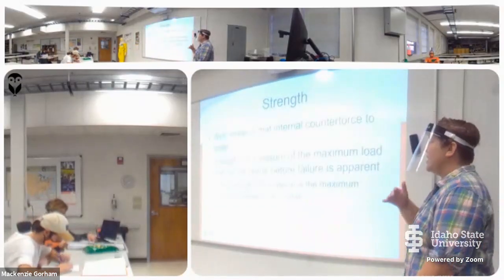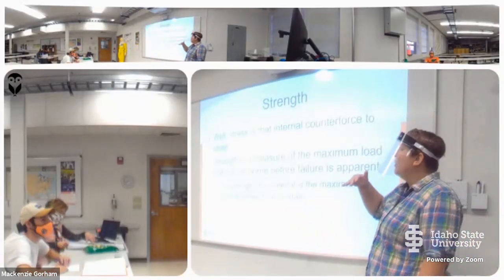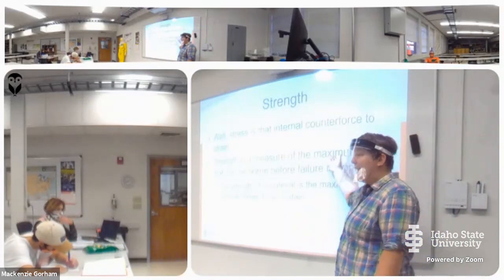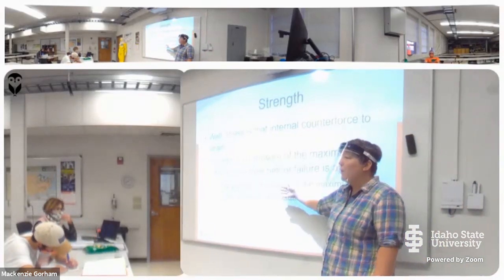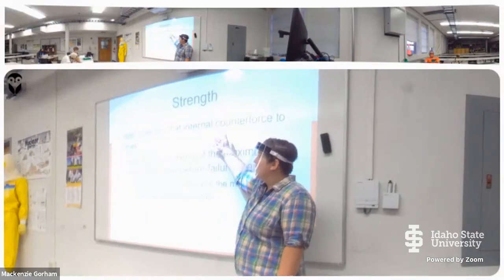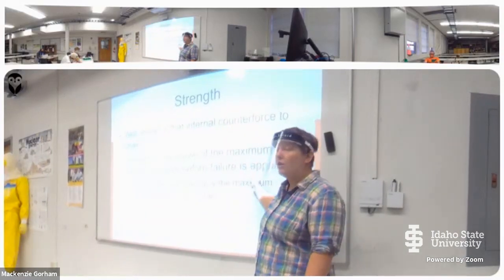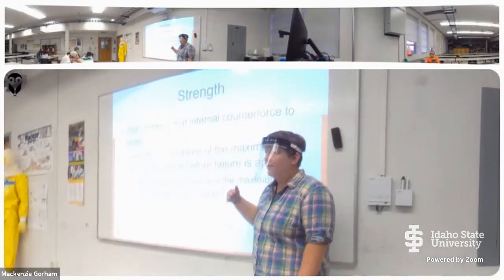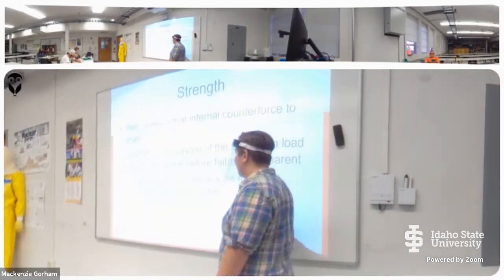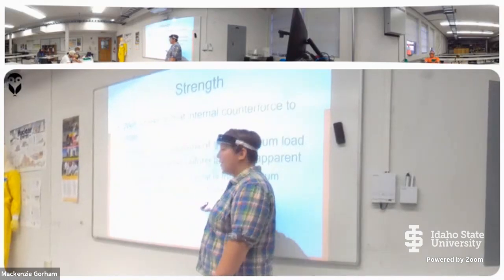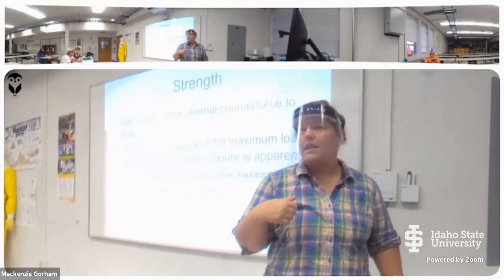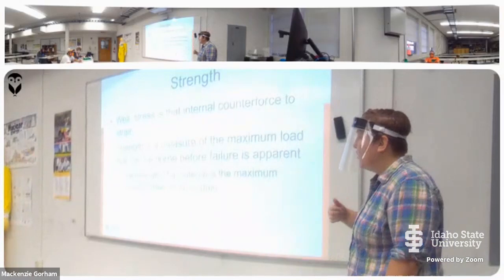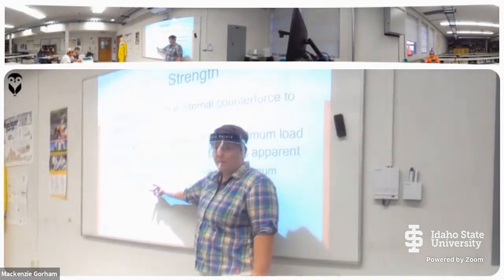So strength is essentially saying the maximum load before our stress can no longer resist failing, okay? It's the maximum stress the metal can sustain. So they're not quite a ratio, Joe, but they are defined in terms of each other.